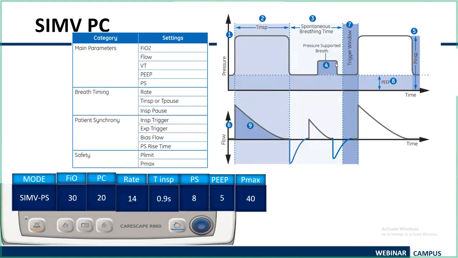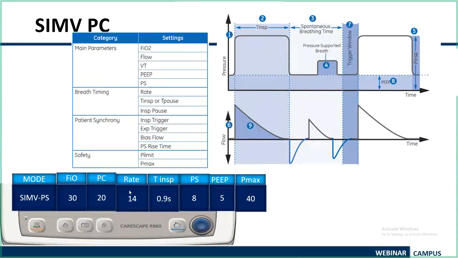Okay. But as I've already told, SIMV pressure control we are not using nowadays, because the patient can have more work of breathing, and the same purpose can be served with the assist control mode. So how do you use an SIMV mode?